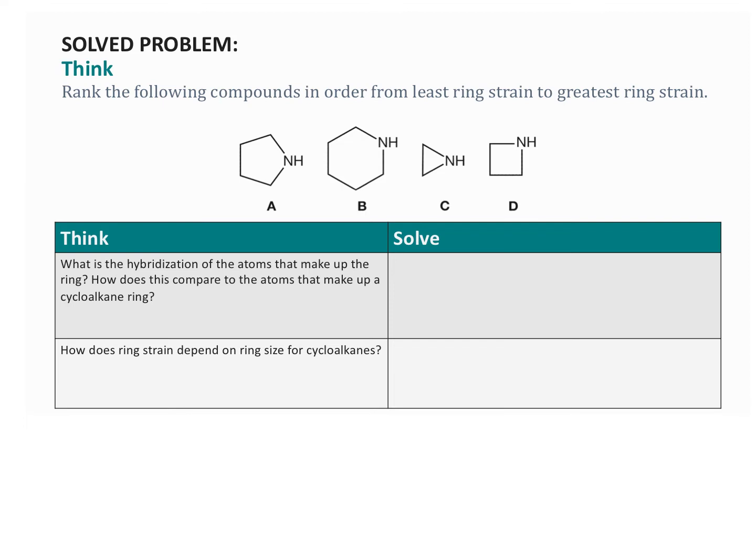What's the hybridization of the atoms that make up the ring, and how does this compare to the atoms that make up a cycloalkane ring? So what we see here is that for each of these, including the nitrogen, these are all sp3 hybridized. So they're all going to have that same hybridization as those cyclohexanes that we saw in the previous table.